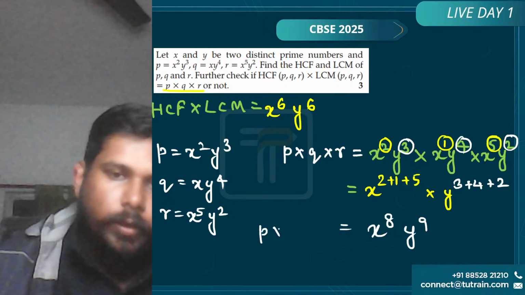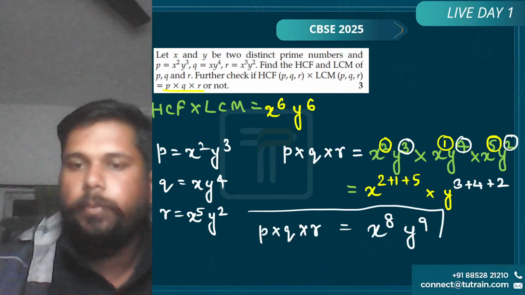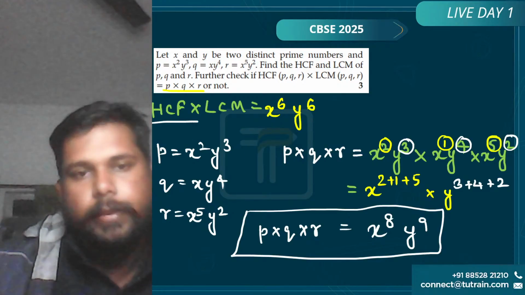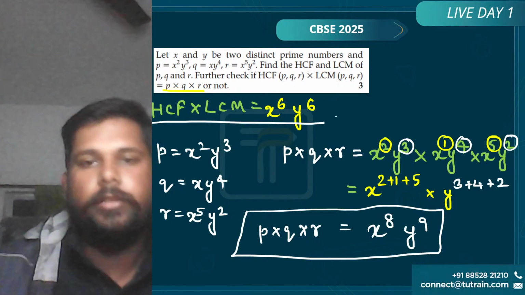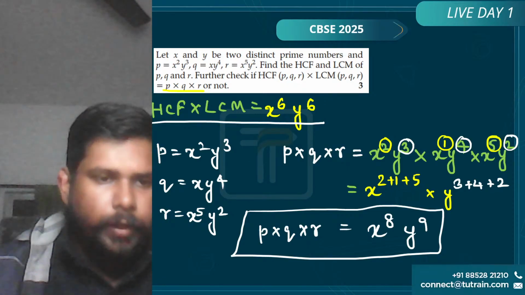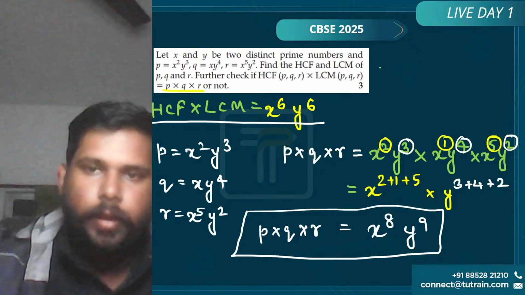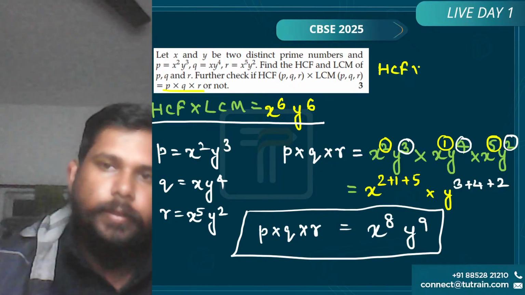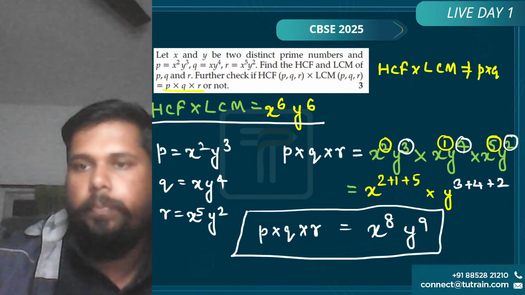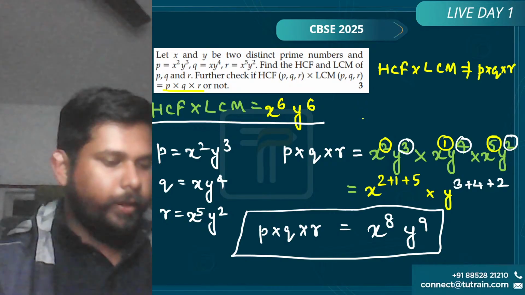That means P into Q into R is x to the power 8 y to the power 9, but the HCF times LCM is x to the power 6 y to the power 6. That means clearly we can see that HCF times the LCM is not equal to P into Q into R. I believe this is clear to all of you.